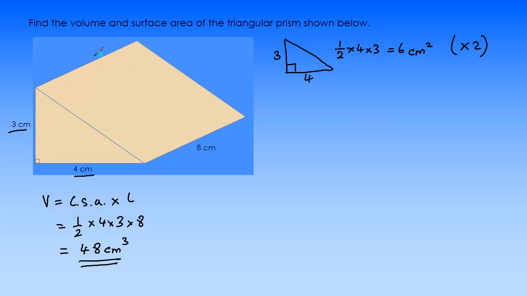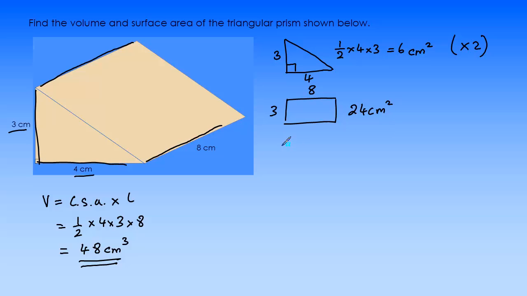On the back here would be a rectangle, and the height of the rectangle is 3 and the width is 8. So we've got a rectangle 3 by 8, and so the area of that would be 24 centimetres squared. On the bottom we've got a rectangle that's 4 by 8. So that makes it 32 centimetres squared.